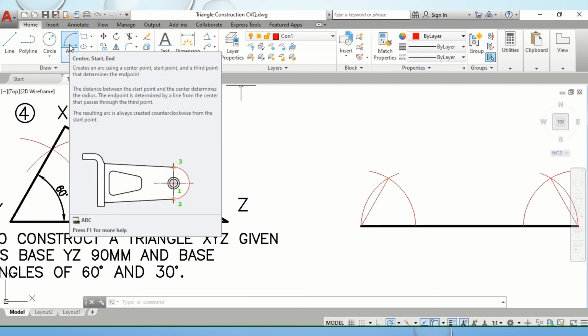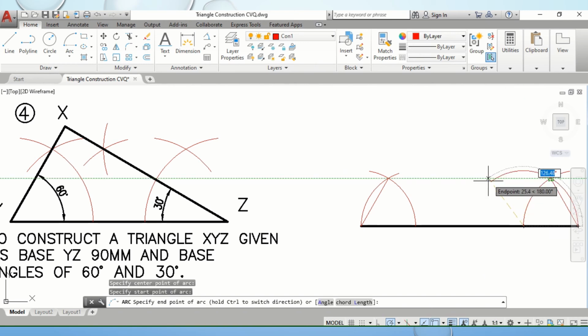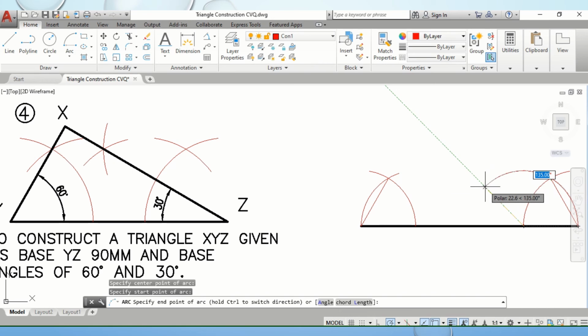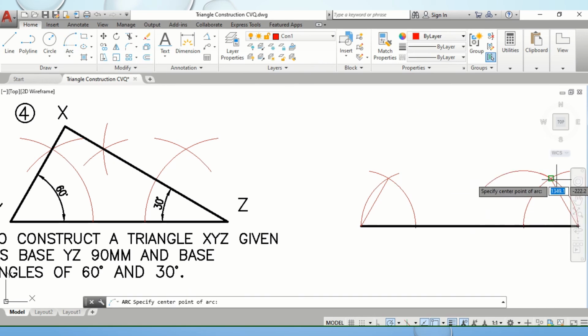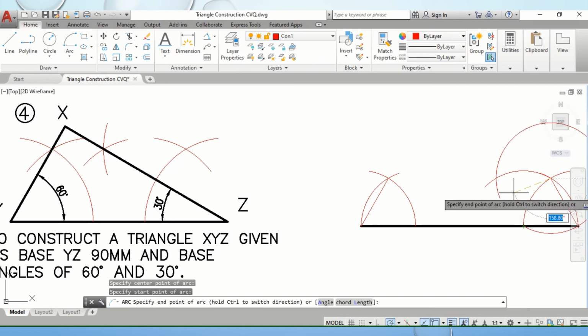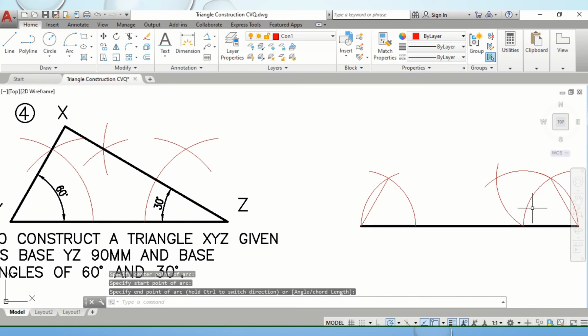Again, to construct, we're going to go to arc, start at 0. I'm going to open it to the 60-degree point, and I'm going to draw an arc. And I'm going to do the same from the other end of the angle, which is the 60 degrees, and draw an arc to intersect. What this does is it bisects the angle.